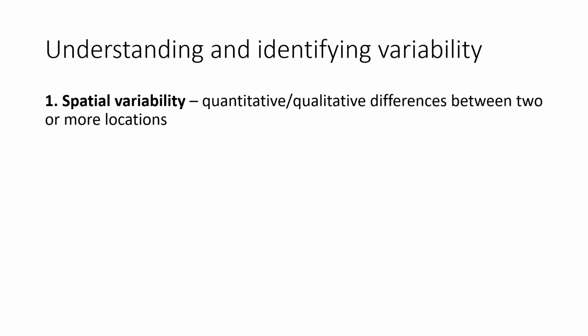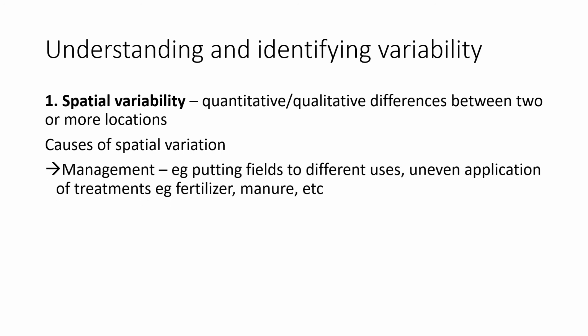So, as we said earlier, we have two types of variability. One is what we call spatial variability, and here we are talking about quantitative or qualitative differences between two or more locations. Now, what causes these spatial variations? We have several causes.